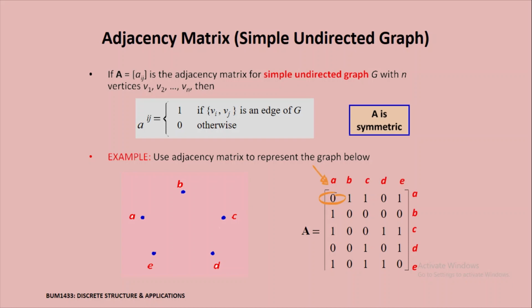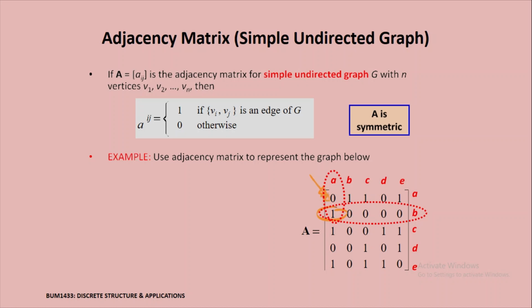Okay, let's see the first column. In the first column, we read from row to column. So from row A to column A, we can see the value is 0. 0 means there is no adjacency, so there are no changes in our graph.